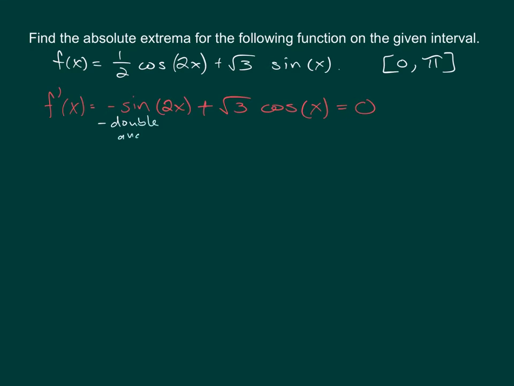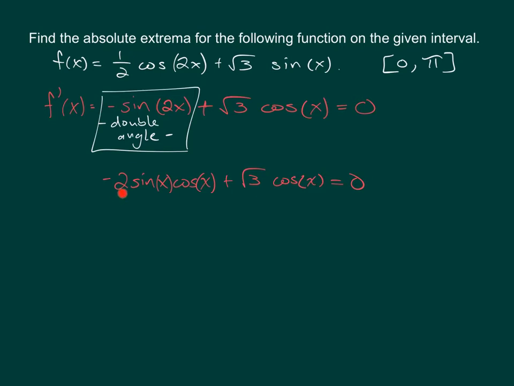If we use a double angle formula here on the negative sine of 2x, we get that the derivative now equals negative 2 sine x cosine x plus square root of 3 cosine x equaling 0. From here, we can common factor a cosine x, and whatever would be left, we can set that equal to 0.